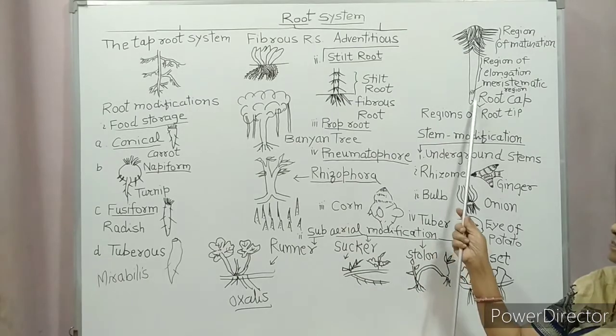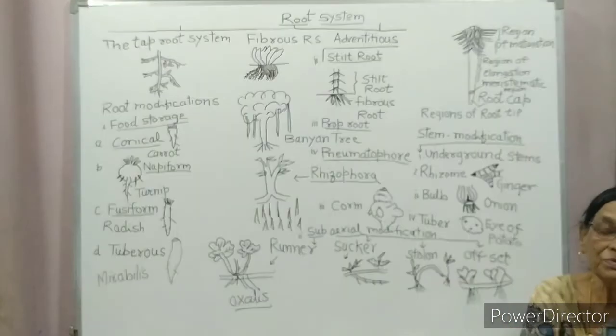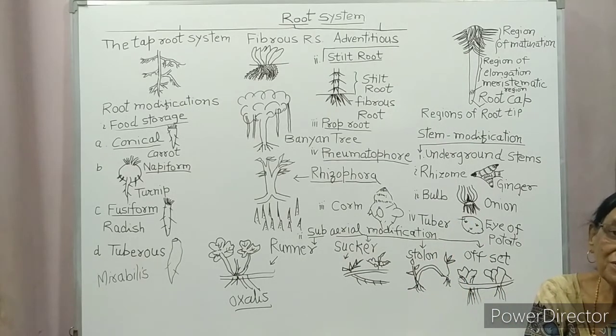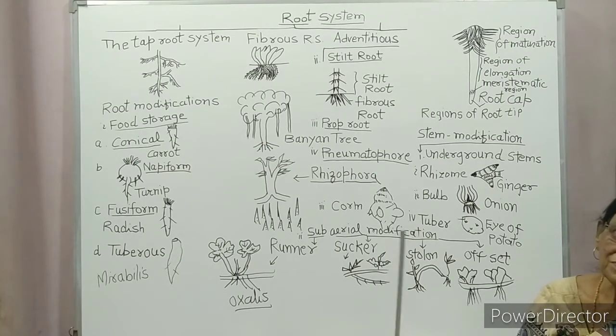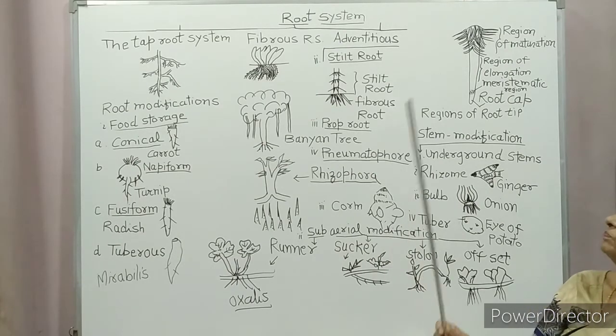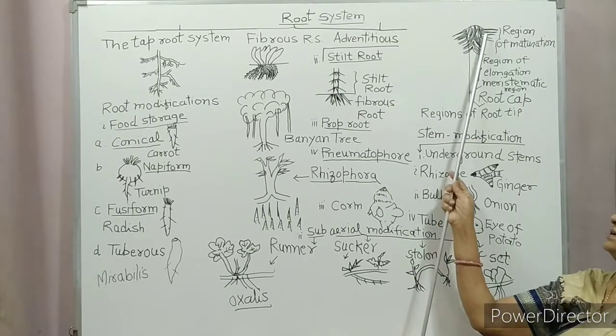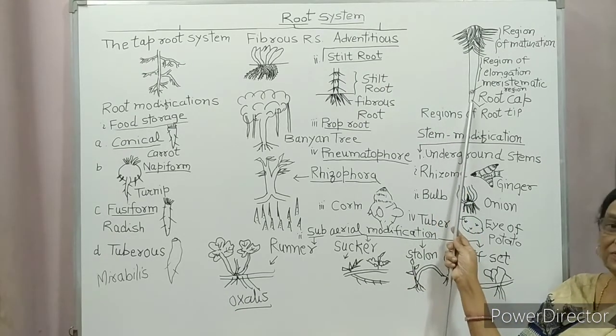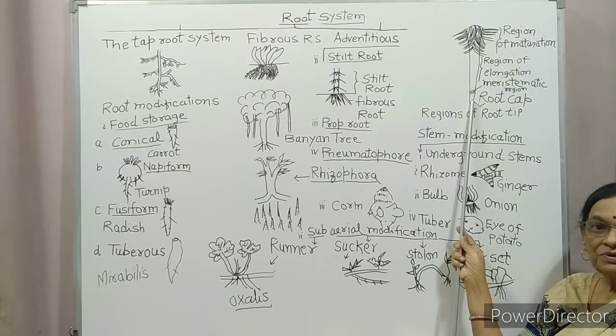This is the root tip. This root tip produces some growth regulator called growth hormone. What are the regions of a root? A root has towards the lower side at its tip a thimble-like structure that protects the root apex.